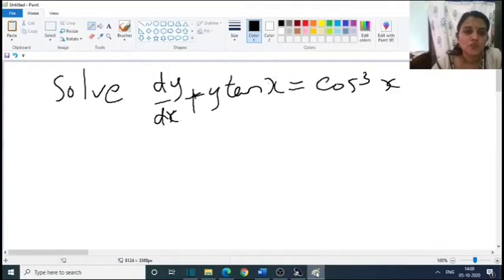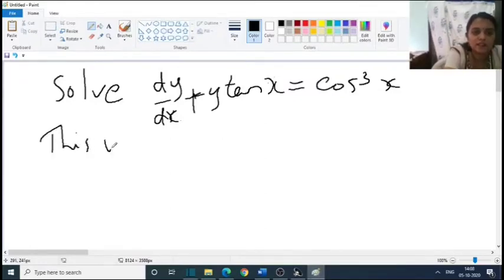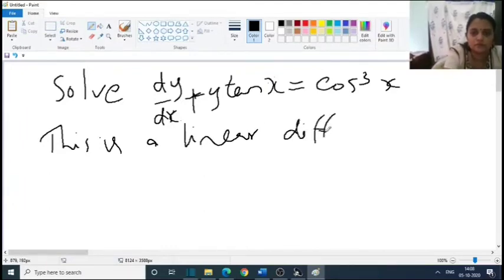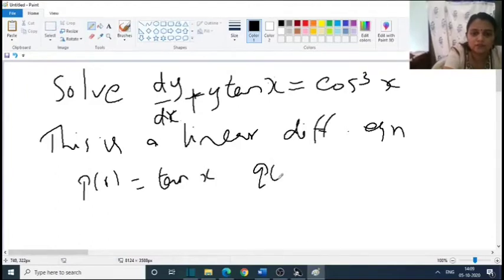Next problem is solve dy by dx plus y tan x is equal to q of x. This is a linear differential equation. So p of x is equal to tan x and q of x is equal to cos cube x.